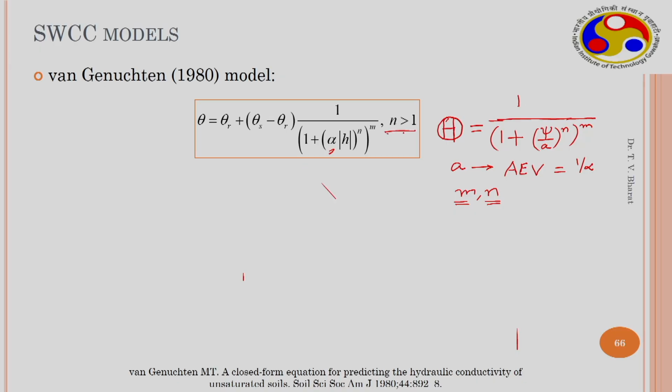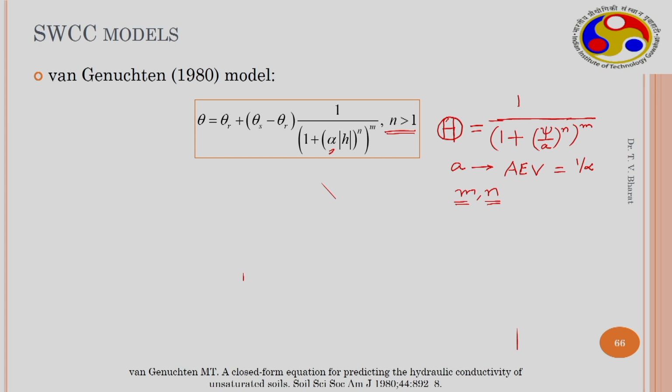So that's how one can estimate theta s in the tests. However, theta r estimation is a little difficult, and sometimes you can use theta r as small as possible for clays, say 0.01 or something like that. People often use this. And here the n value should always be more than 1. This is the constraint coming from the equation.